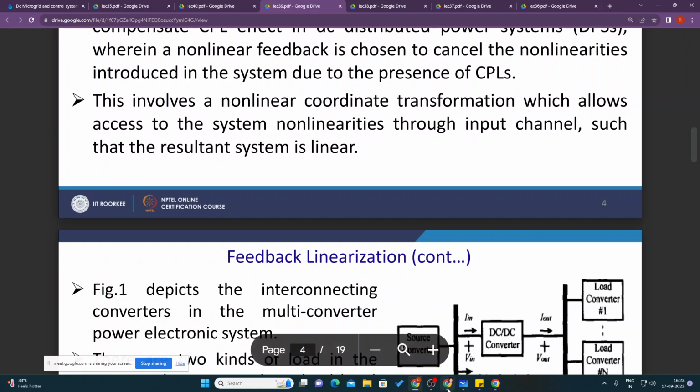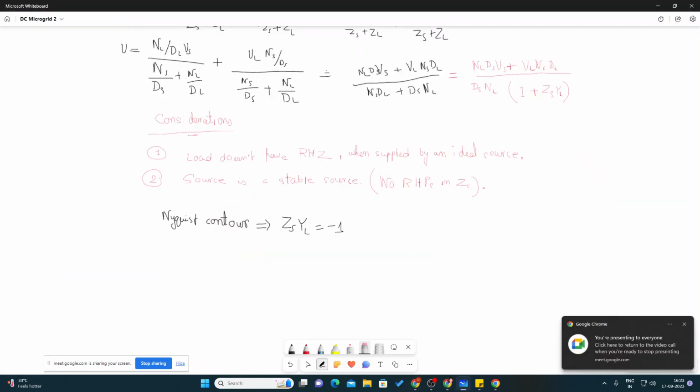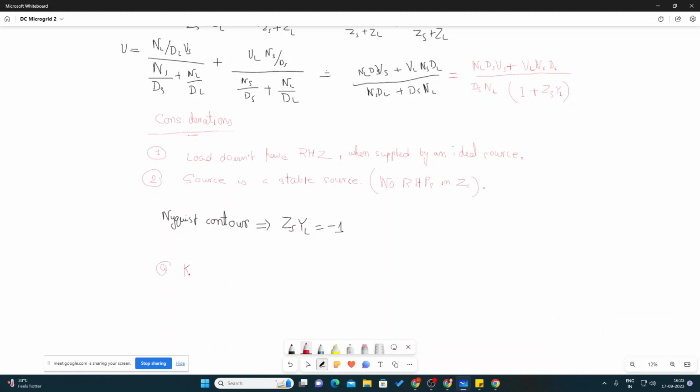One is Khalil, Nonlinear Systems, and the second is Vidyasagar, by the same name, Nonlinear Systems.